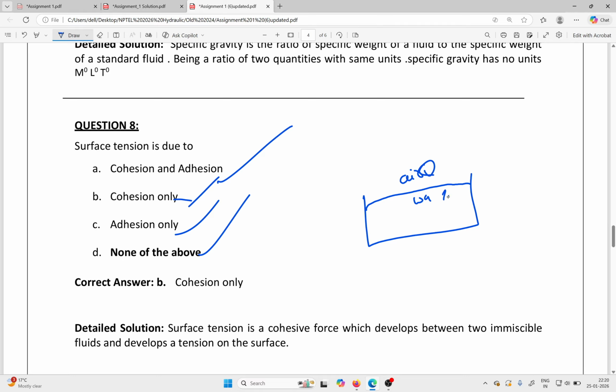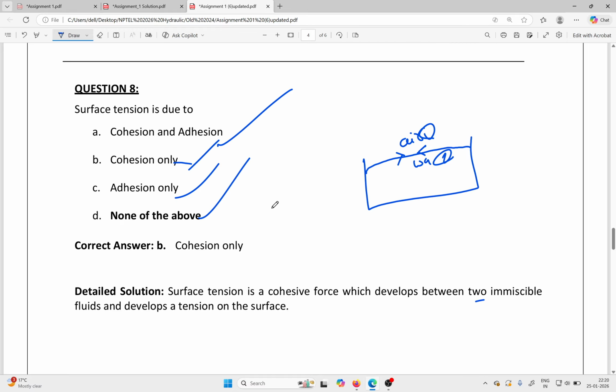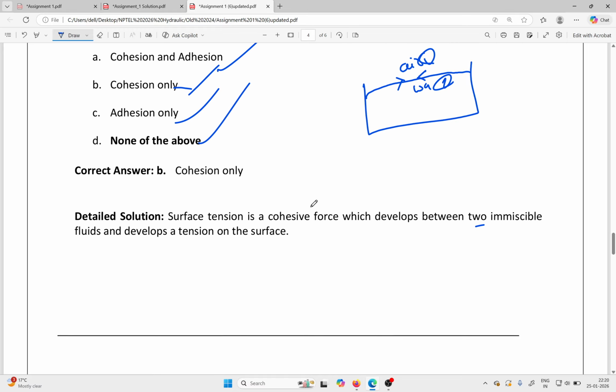So this is 1 and 2. So here you can say two immiscible fluids, it may be the air and water, develop a tension on the surface. So here the surface tension is developed. Remember. Next question number 9.